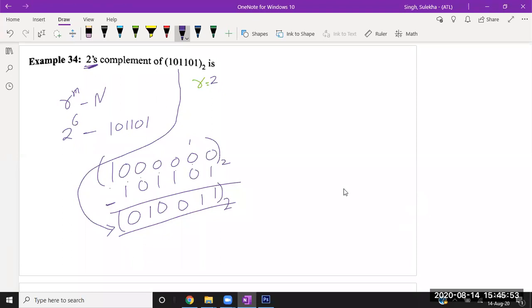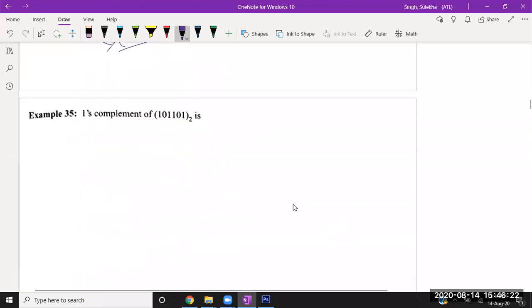I need to prove each and everything and take some examples so that you realize, okay, this is the application of two's complement. So in the next 15-20 minutes, we will calculate complements, then we will see the application of these complements.